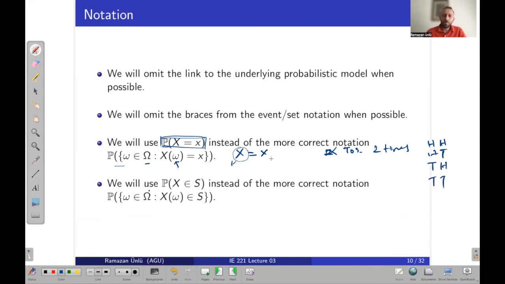So let's say I'm looking for 2 hats. My interest is 2 hats, and otherwise it's 0. Okay, so if I say that x is 1, probability of x, that means the small x is 1, right?